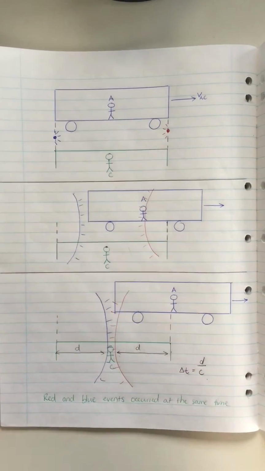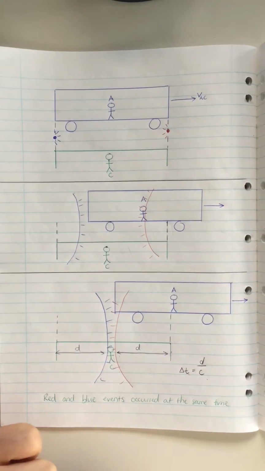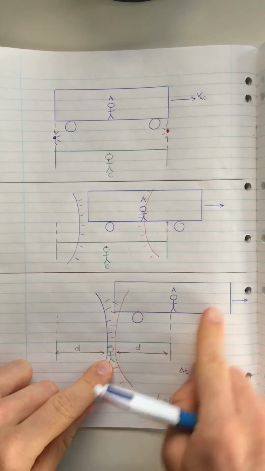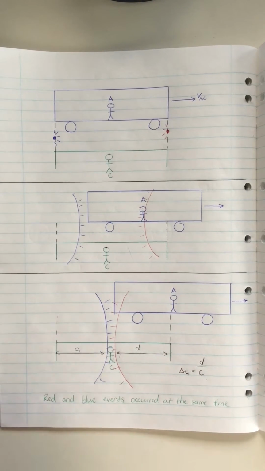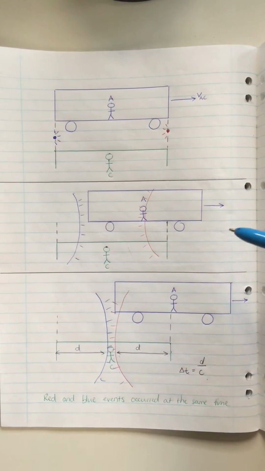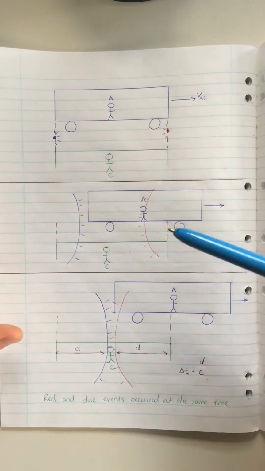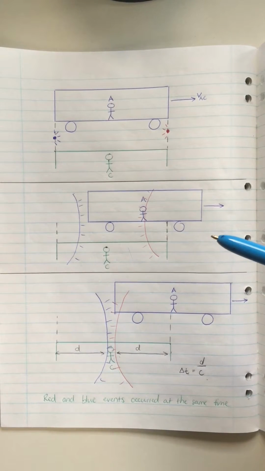And person A and C, they both agree on that. C can see that that's been the case. They can see that the red flash has passed A, but the blue flash hasn't reached there yet. They agree on that. But here's where it gets a little bit complicated. Remember Einstein's second postulate, which was that the speed of light is the same in all frames of reference.